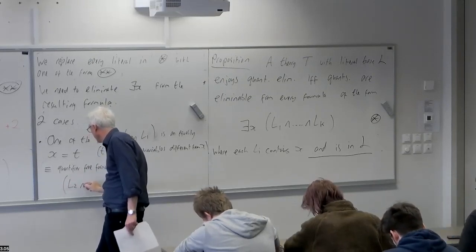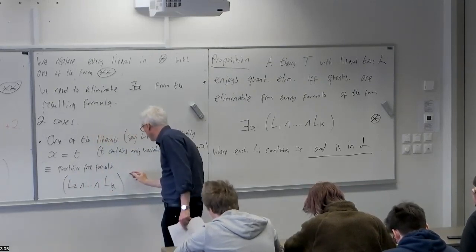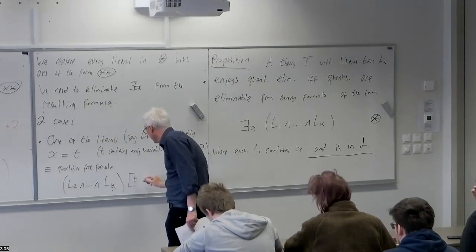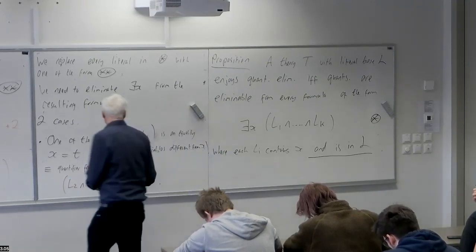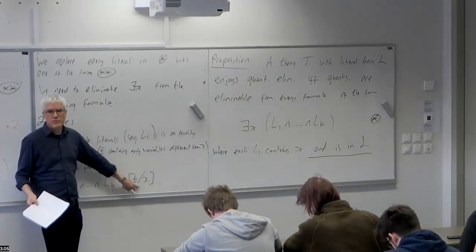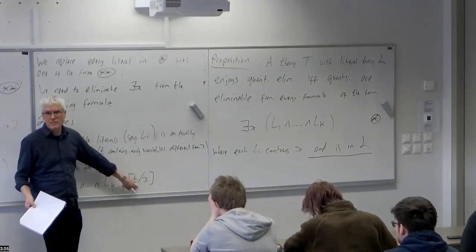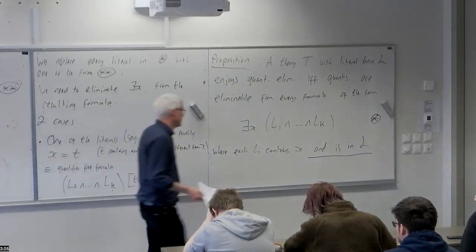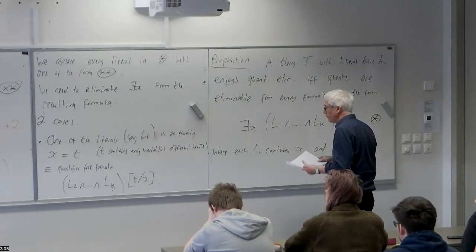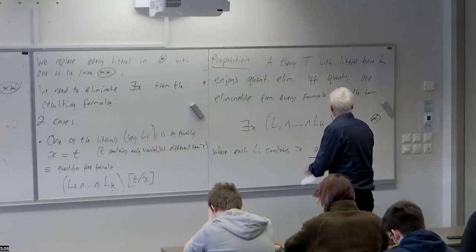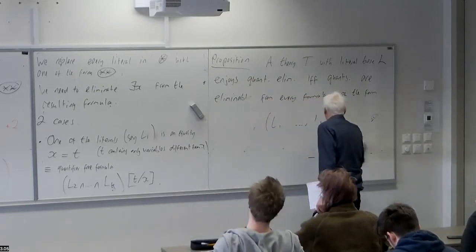We take the conjunction of the remaining literals, L2 up to LK, and substitute term t for the variable x. The only difference from last week is that last week we only had variables around, this week we've got interesting terms because we've got constants and function symbols to build the terms as well as variables. So we now come, like last week, to the main case, the other case when we don't have any equalities.